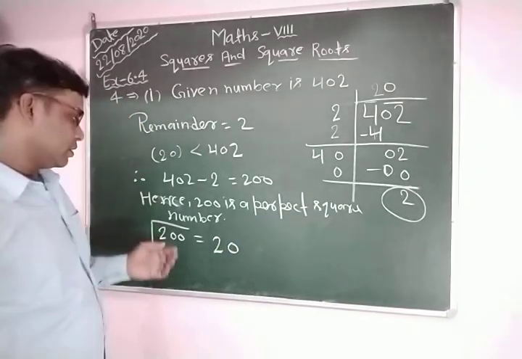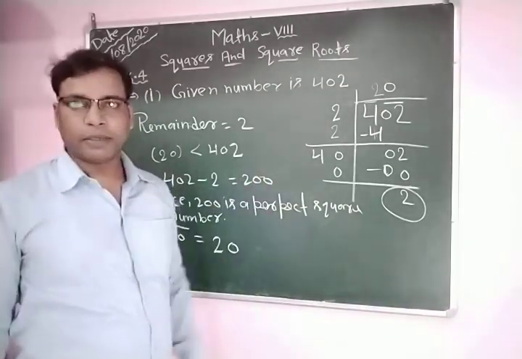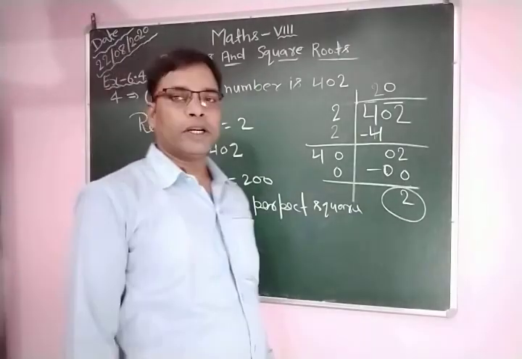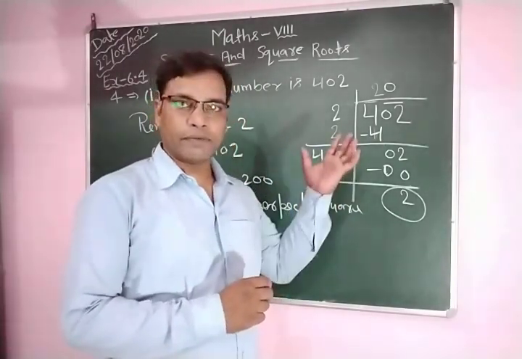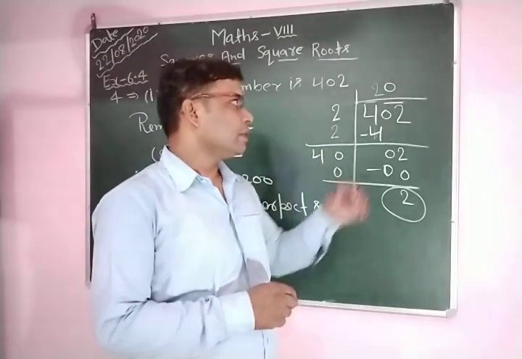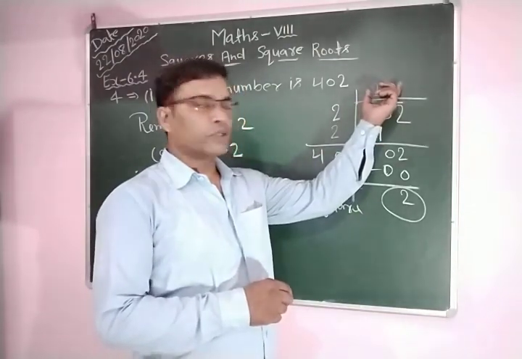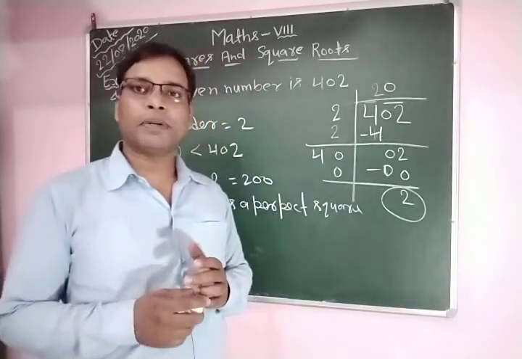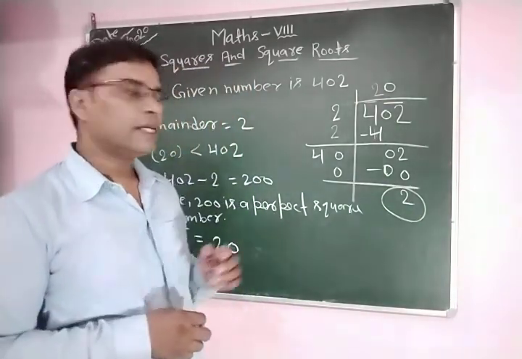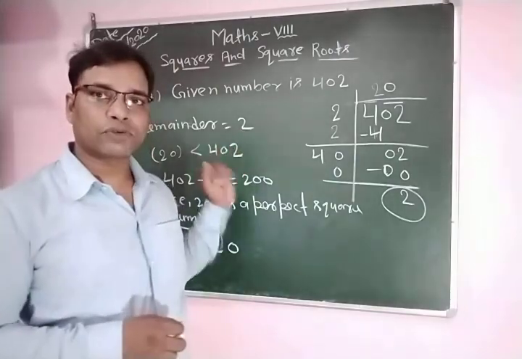So here the given number is 402, and we find the square root of 402. We obtain the quotient 20 and the remainder 2. When we subtract the remainder from the given number, we obtain a perfect square number.